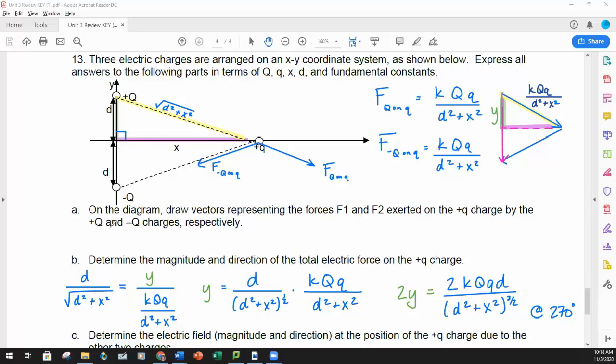So they have the same proportions. What I've done here is I've set up a proportion. I've said that the green d over the yellow square root of d squared plus x squared, so the short leg over the hypotenuse, is going to equal the short leg over the hypotenuse of my force triangle. So the short leg I'm calling y, and the hypotenuse is kQq over d squared plus x squared.